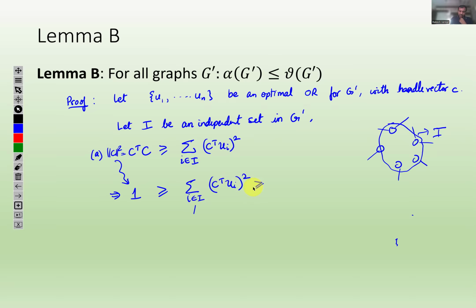And this is greater than or equal to, now I'm bounding this sum by the minimum, right? I can always do that. Right?